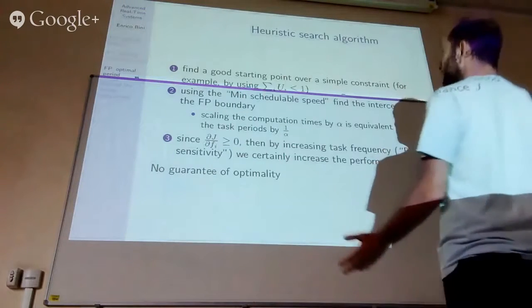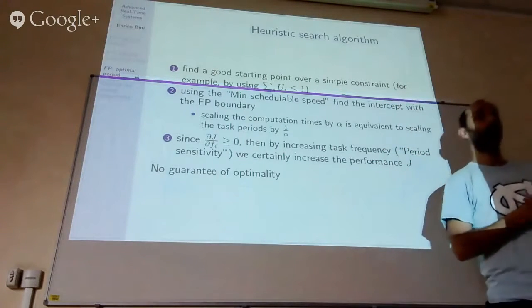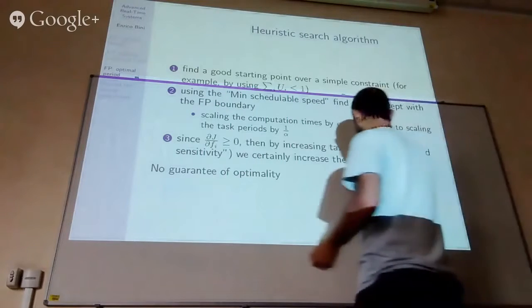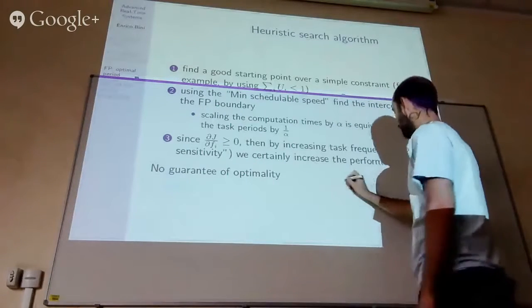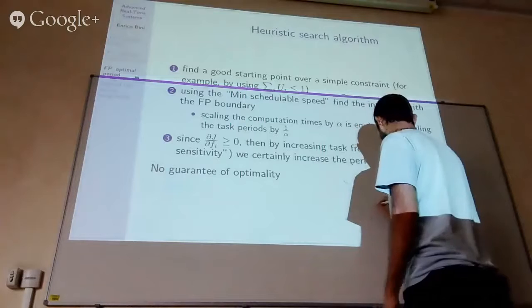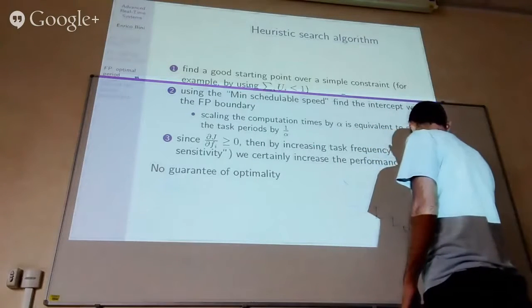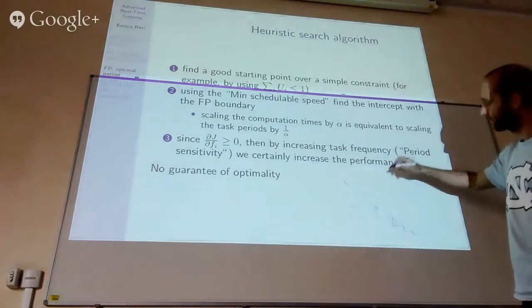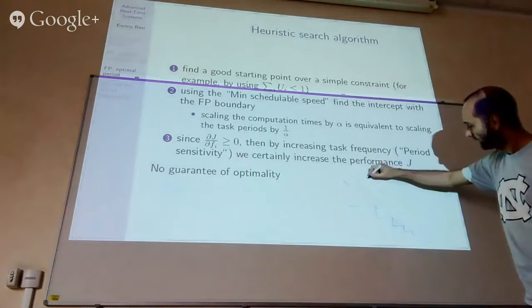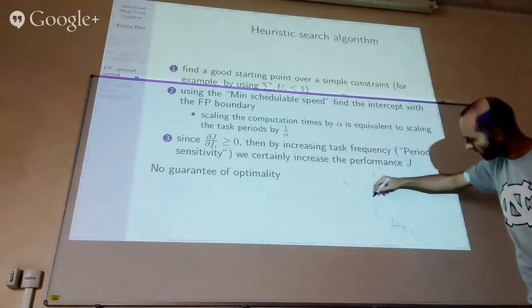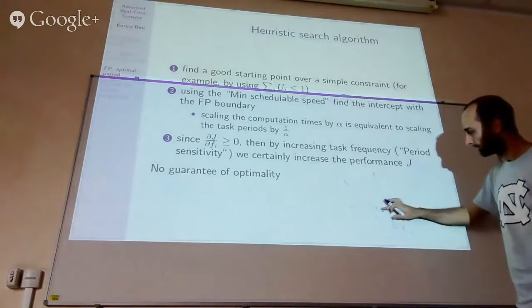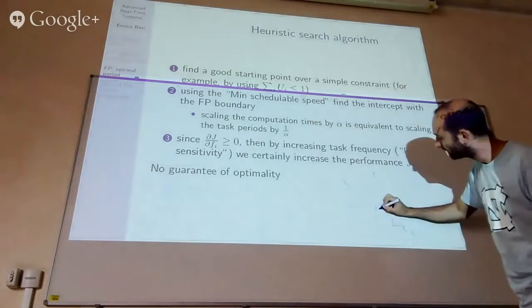So what could we do to solve the problem? Well, one method could be this. We have this strange shape, right? We first solve over the EDF constraint. Let's say that we maximize this performance, which has a point here or something, or maybe I like it more like here.